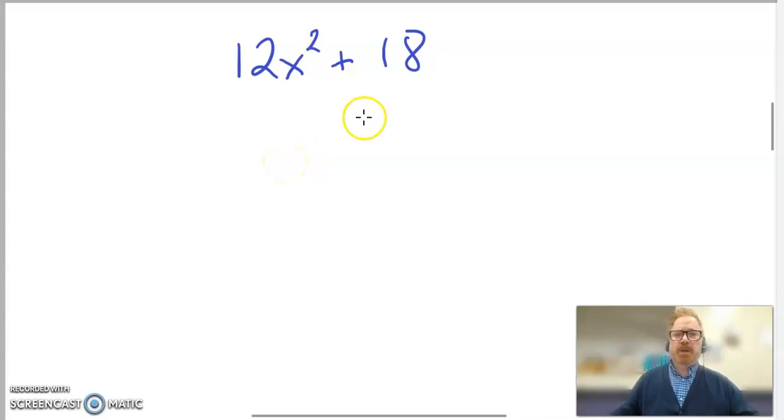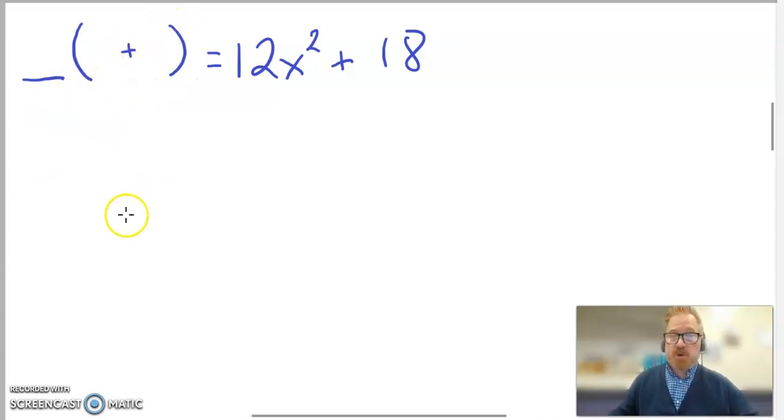So what we're doing is trying to figure out what this beginning thing was. And in order to figure that out, we need to do a little bit of investigating, right?